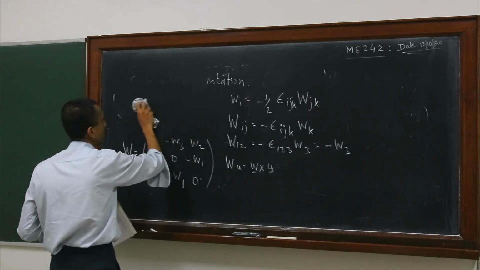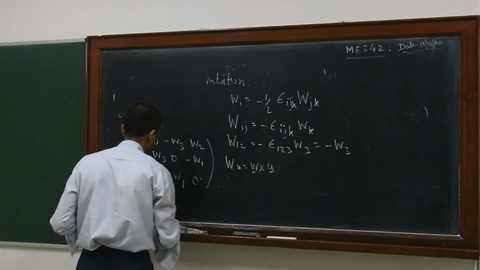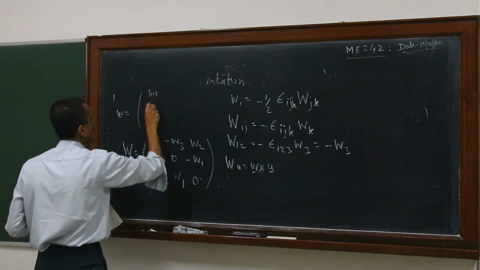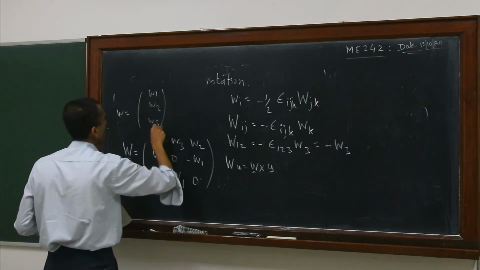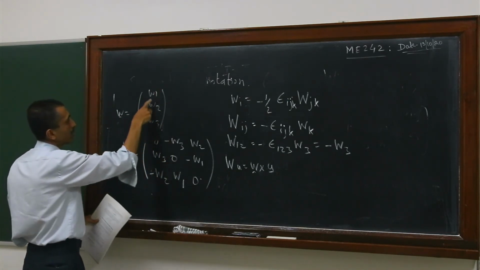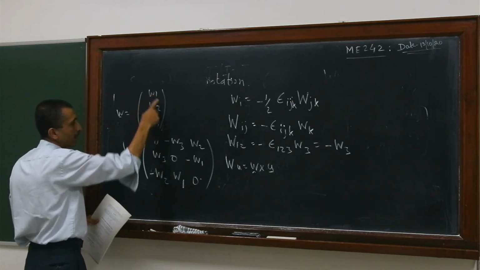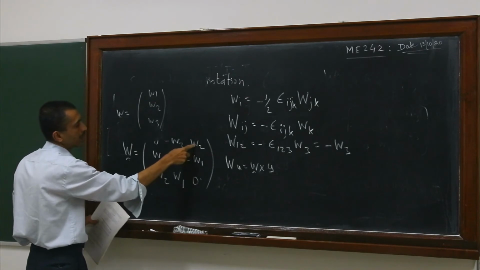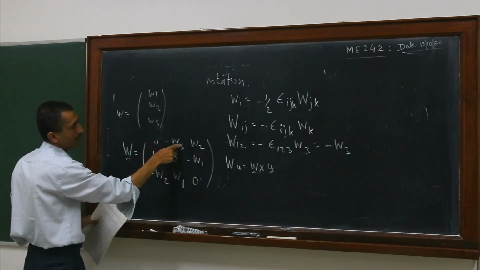So here you can see, let me just rewrite it again. This is W equal to W1, W2, W3. Basically, the first element sits with a minus sign in the 2, 3 position. The W2 sits here, and then the W3 with a negative sign sits here.